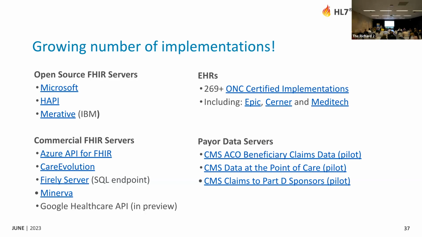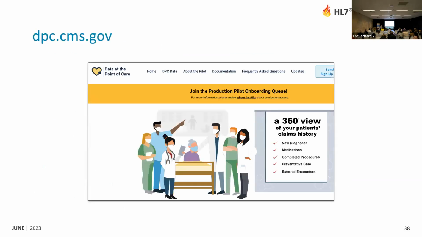And I want to talk about one of those quickly because I think it's such a neat program. It's called Data at the Point of Care, and healthcare organizations can sign up to receive claims data via bulk FHIR for patients that they treat. And so as I mentioned earlier, this lets them get that 360-degree view of a patient, that's their words, where you can get data on care patients are receiving outside your health system.